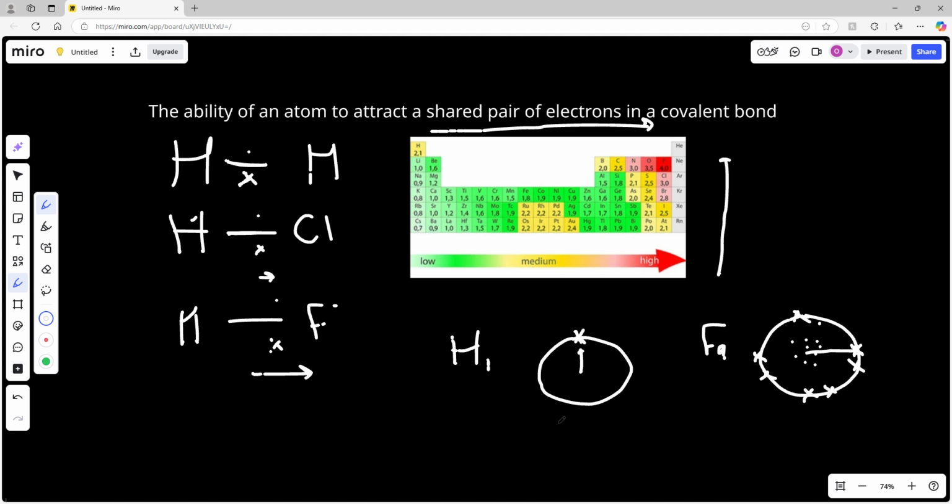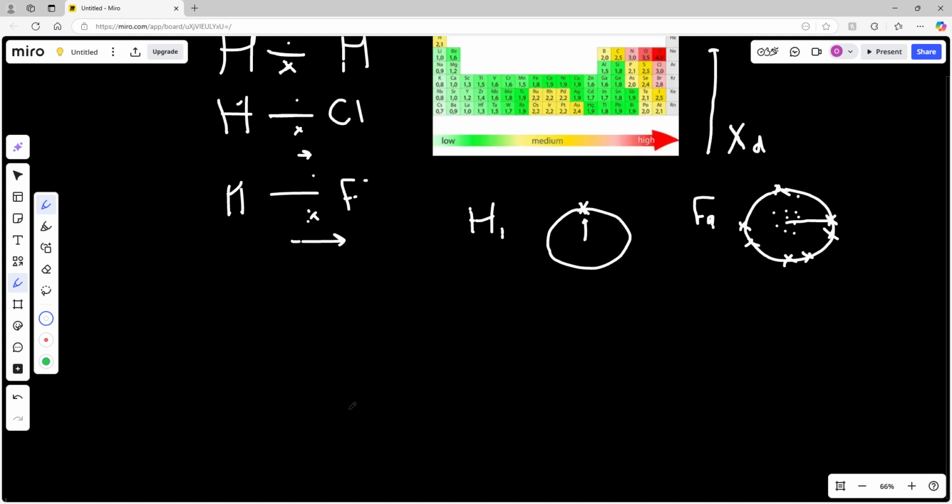Now we can have a look at electronegativity difference, which is represented by XD. Down here we've got electronegativity difference.